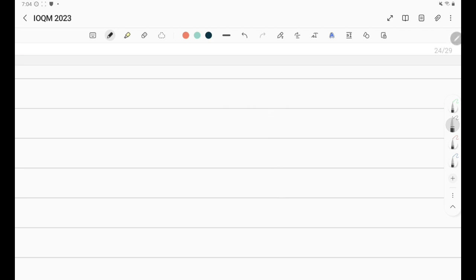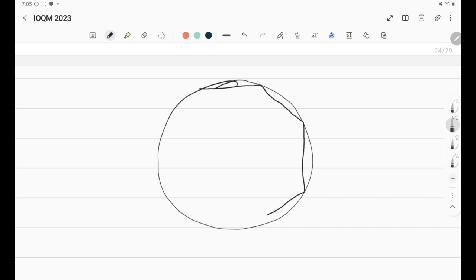So the first idea is that we need to think, when exactly do we have perpendicular diagonals? So let's say we have a regular polygon, it's always going to have a circle, so we're going to have something like this, whatever. And let's say that we know that these are 90 degrees.